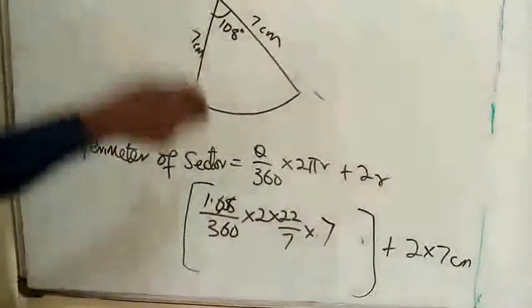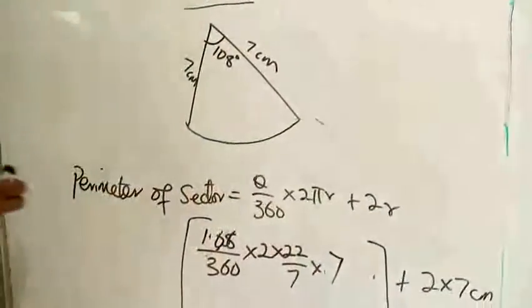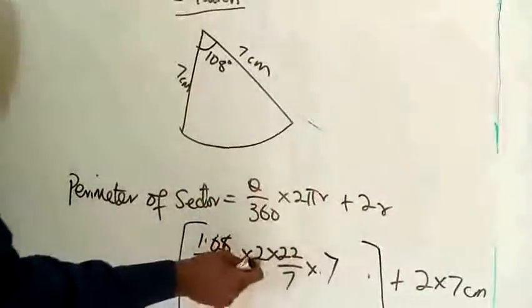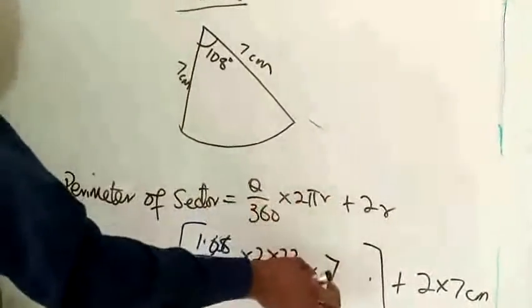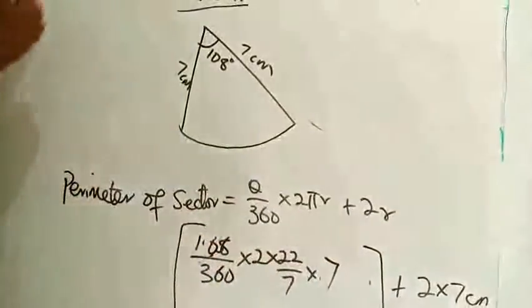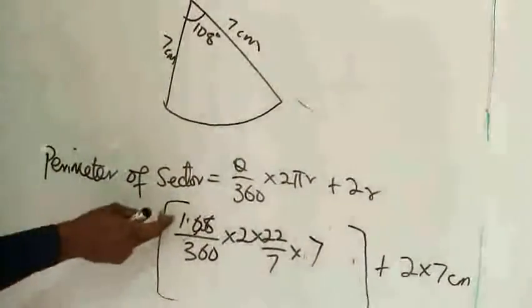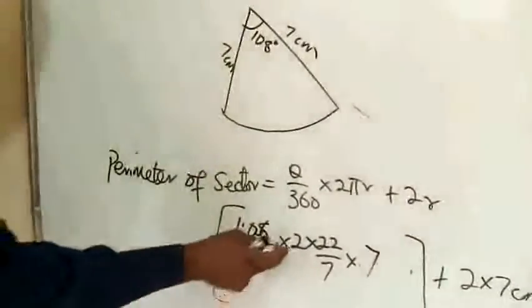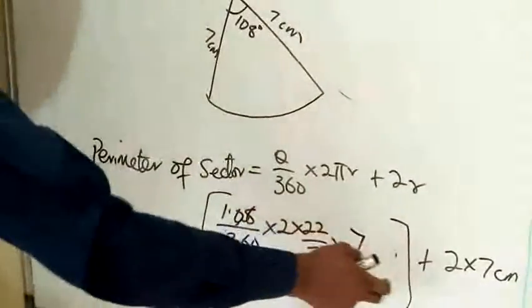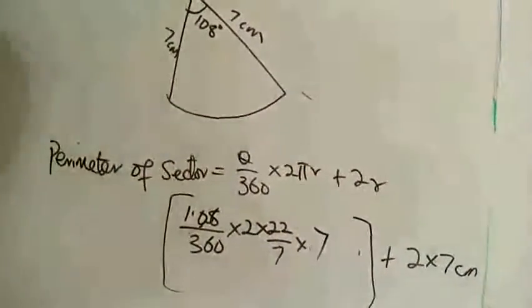Okay, sorry, our radius is 7, not 14 cm. We have 2 pi r, 2 times 22/7 times our r, which is 7, not 14 cm. At this point, we have 108 over 360 times 2 times 22/7 times 7 plus our 2r.